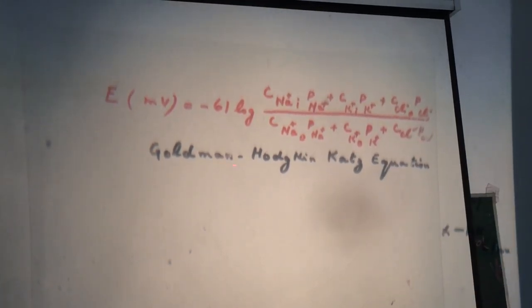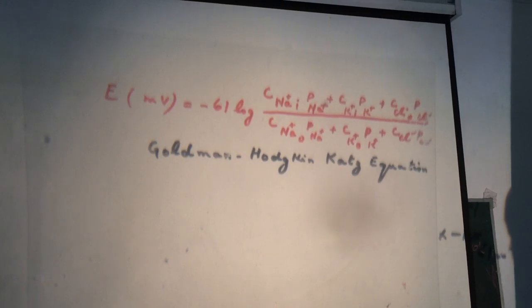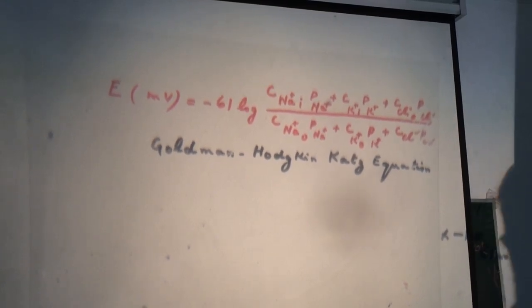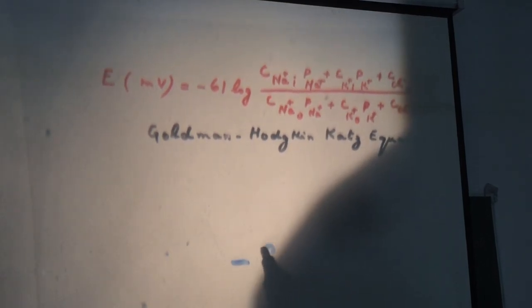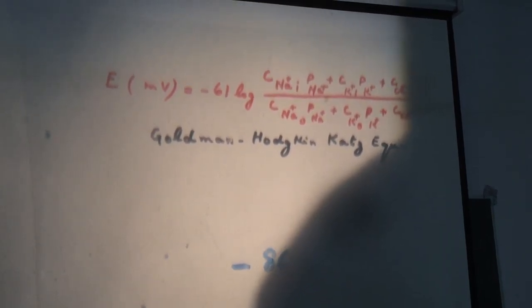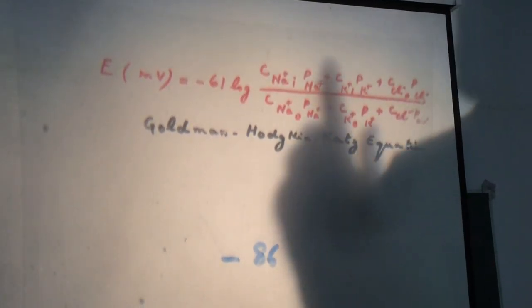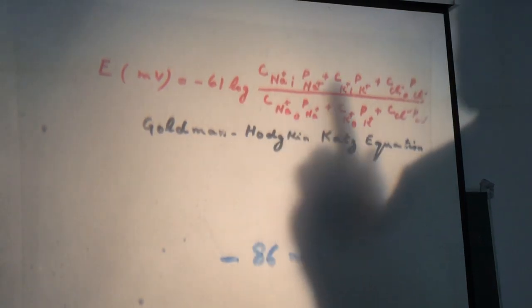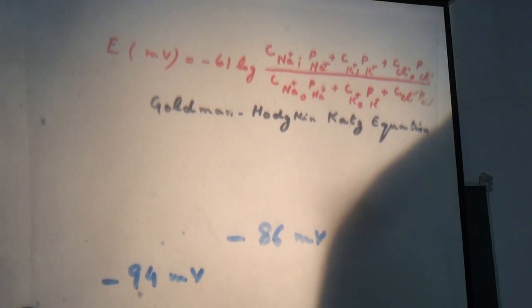This is the Goldman-Hodgkin-Katz equation, and by this equation the potential comes to minus 86 millivolt. Now, what was the Nernst potential for potassium? Minus 94 millivolt.